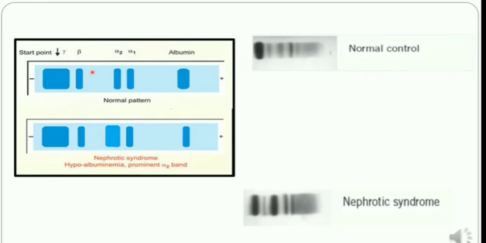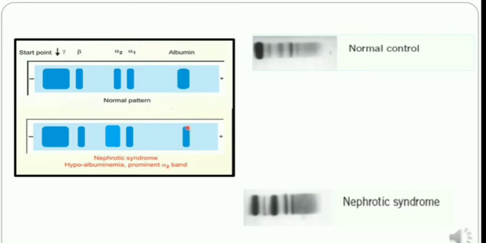You can see here in nephrotic syndrome, this is a drawing in which you compare with normal. This is a normal person's sample and this is a patient sample having nephrotic syndrome. How do we identify that the person has nephrotic syndrome? You will see that the albumin band is thinner. The relative percentage of albumin is low.